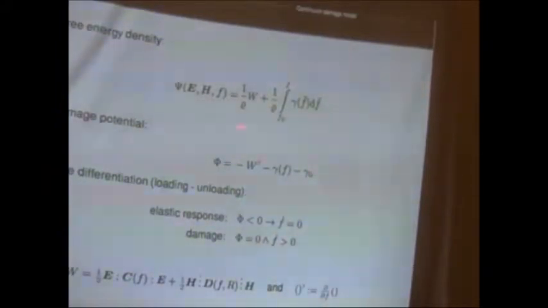If this damage potential evaluates to a value smaller than 0, then we don't have a damage evolution. But if it evaluates to 0, then we have an increase of our void volume fraction, expressed here by this f dot. This volume fraction we find here as before in these two elasticity tensors, which change in the course of loading.